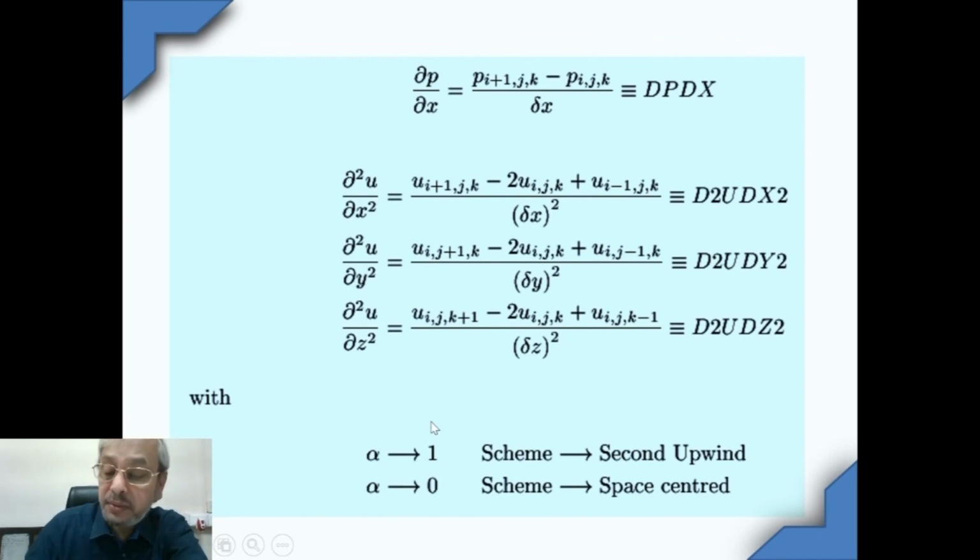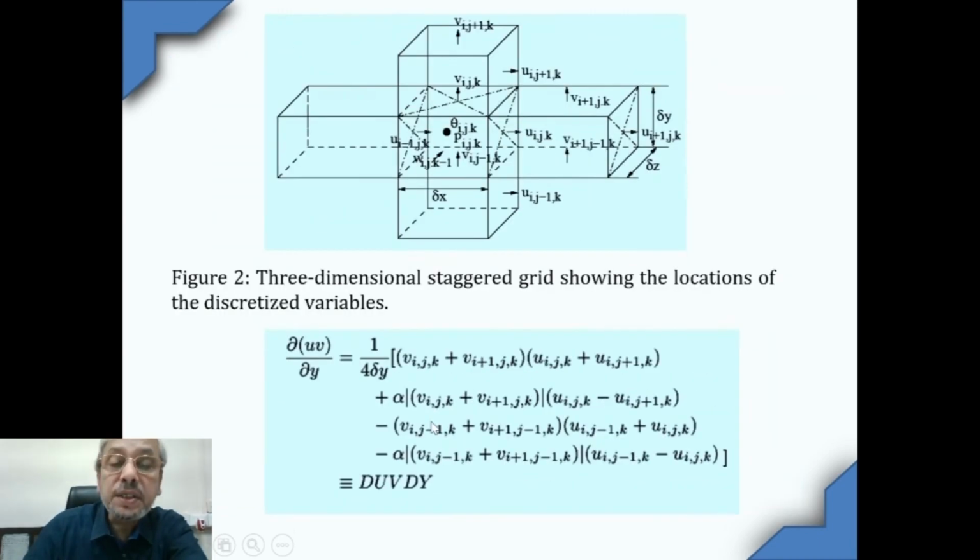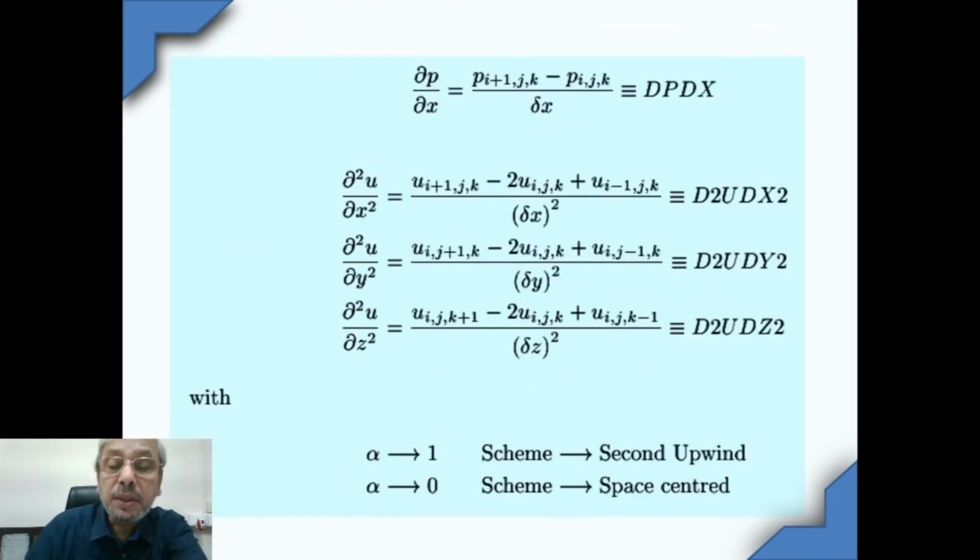And as we have said, all these discretized equations contain alpha. Alpha is the upwind contribution. Alpha equal to 1 is second upwind, and alpha equal to 0 is the central differencing scheme. We will not use a purely central difference scheme because we have seen it may produce numerical instability.